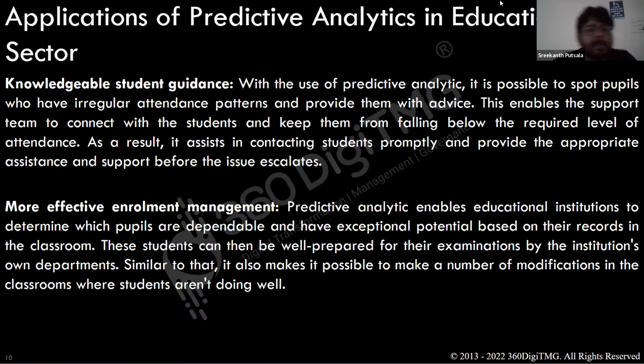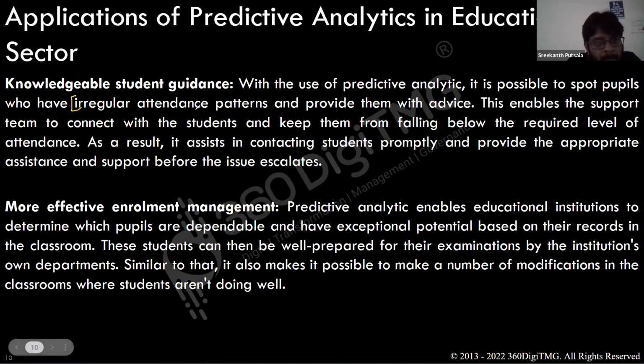So in the first case, I am using a predictive analytics model. I have educational data, and in this data we are trying to look into the irregular attendance patterns. I have created a model which recognizes the irregular attendance patterns.